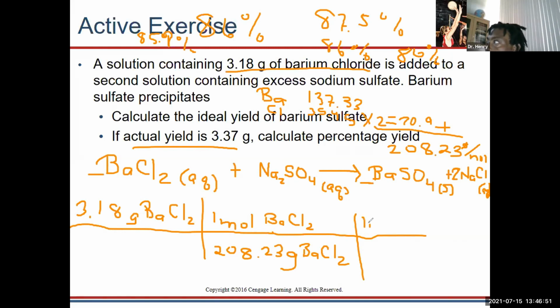So 1 mole of barium sulfate over 1 mole of barium chloride.